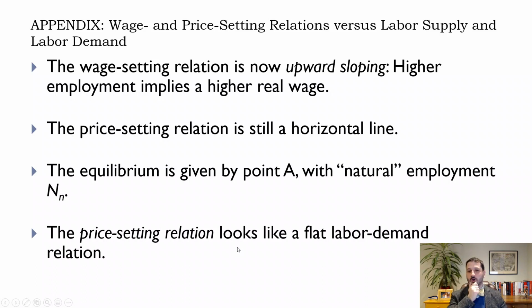So I don't know. I think this is a good way to look at the labor market, and I think the way we did it in the main part of the chapter is a good way to look at the labor market, especially because you don't want to start thinking that workers are like everything else that people buy. Workers are not.